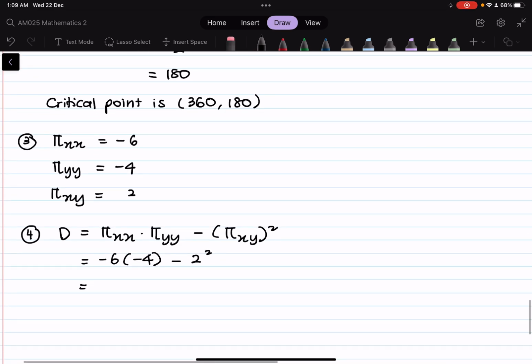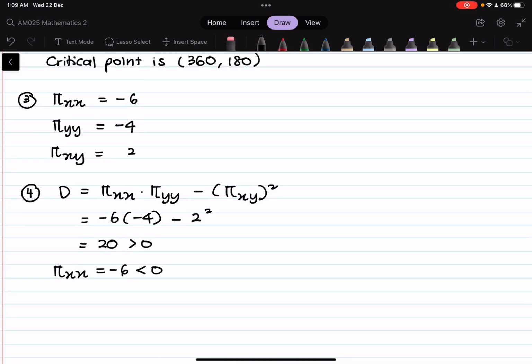We're going to get 20. So we know that our D is positive. Now we need to check our pi sub xx, which is negative, less than 0. So now it is confirmed that (360, 180) is a maximum point.